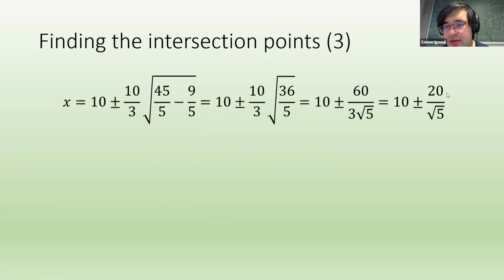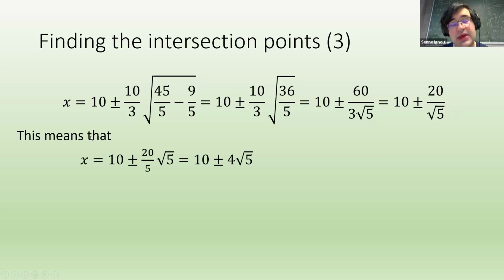So we can multiply numerator and denominator both by the square root of 5. Square root of 5 times square root of 5 is just 5. And then in the numerator, we get 20 square root of 5. And then 20 over 5, that is 4. So our final answer is 10 plus or minus 4 times the square root of 5.